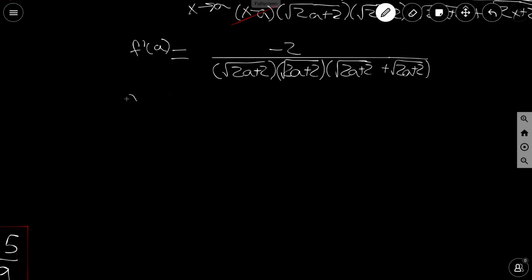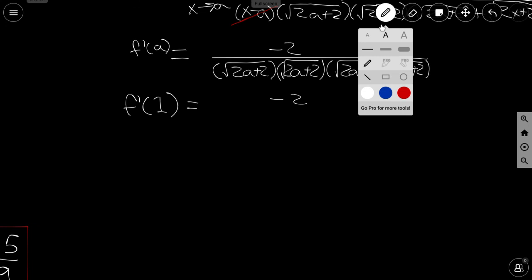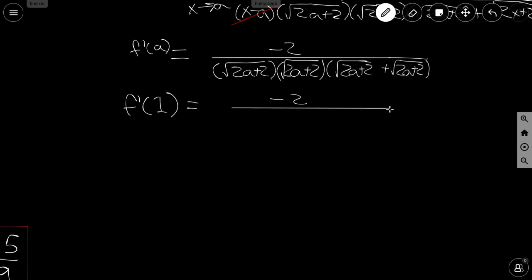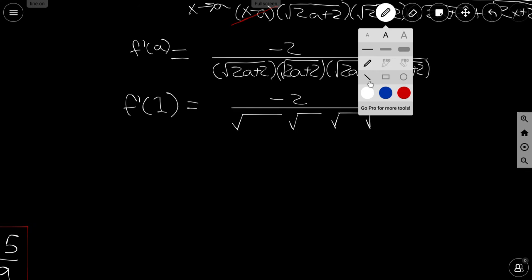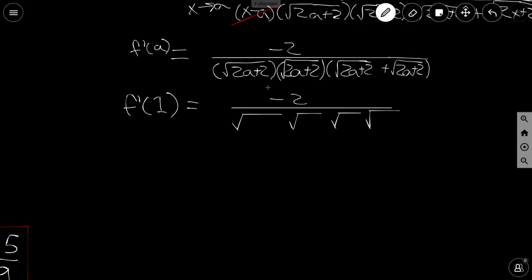So we'll just plug in 1 for a. And in doing so, it's just going to be 4, which works out perfectly.